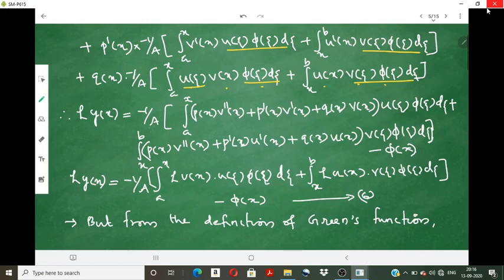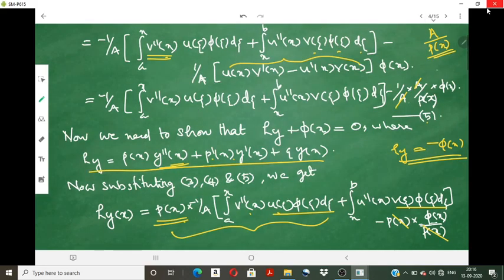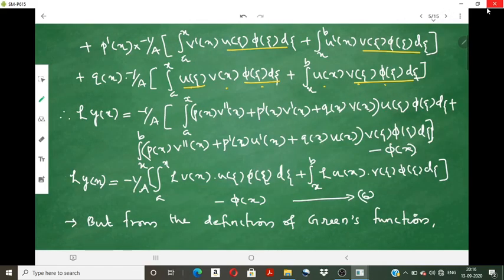So minus 1 by a, we can reduce it as minus 1 by a in integral a to x. What all have integral a to x? First one is p of x into v double dash of x, plus in this term it is p dash of x into v dash of x, plus in the third term, in the last summation, that is q of x into, so minus 1 by a we have already taken outside, so this will be q of x into v of x, u theta phi theta d theta.